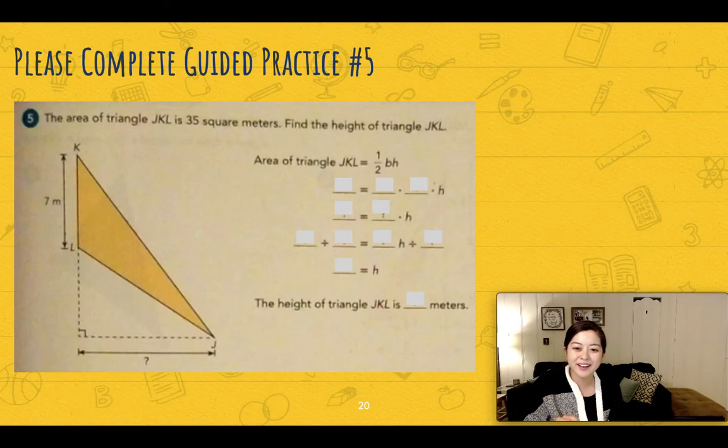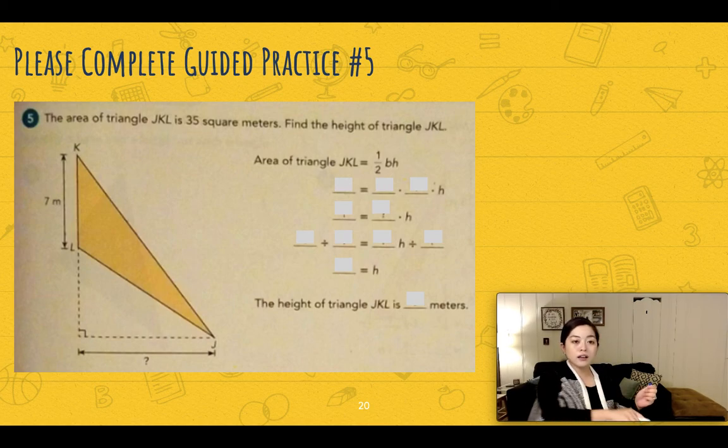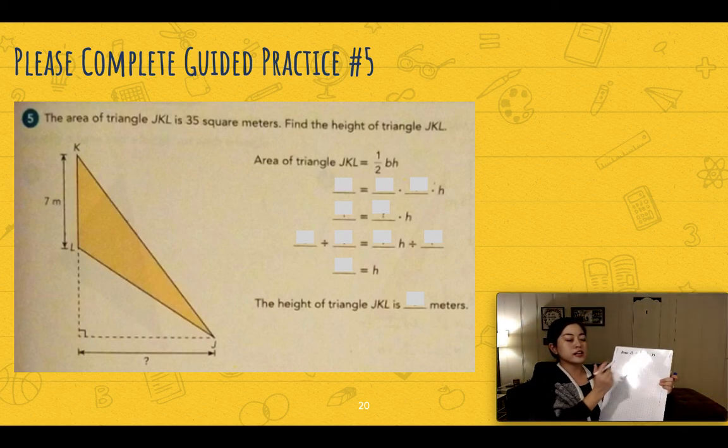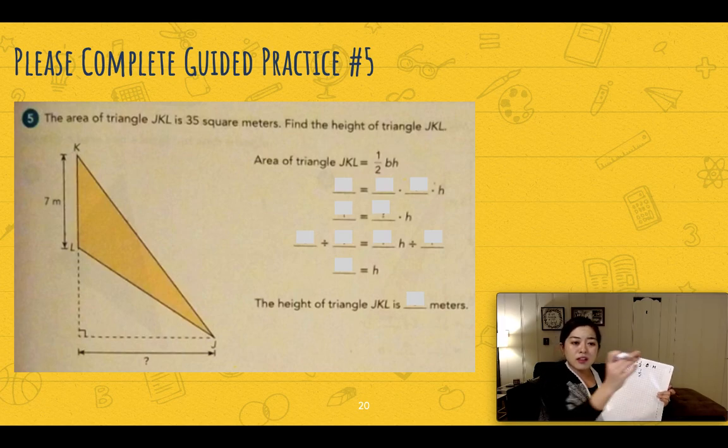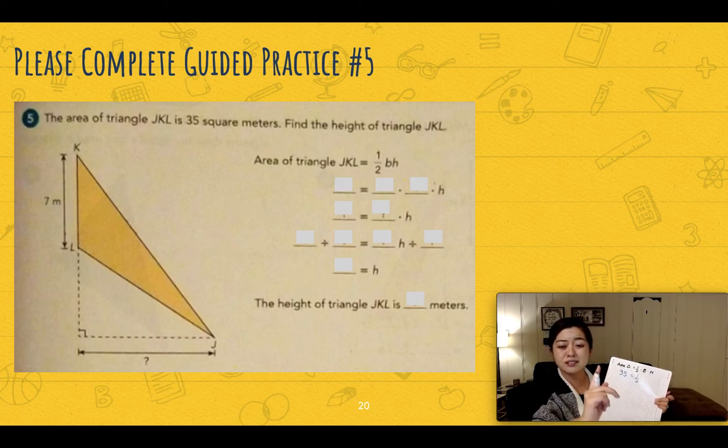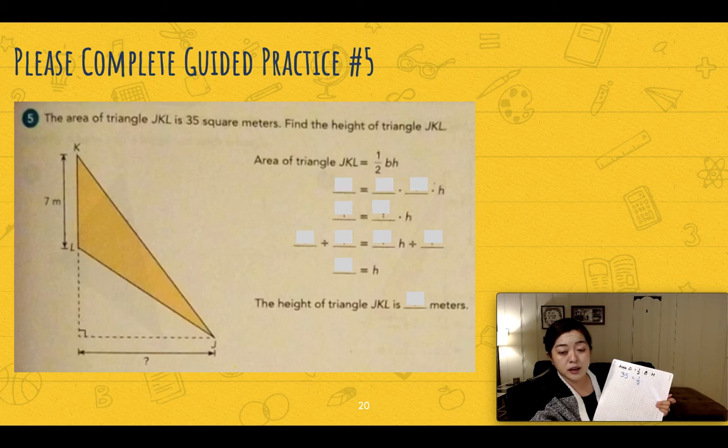All right, welcome back. So here we have triangle JKL, and the area of triangle JKL is 35 square meters. Then we are given the base, and I know it's the base because remember, the base is one side of the triangle. The information they wrote for us, 7 meters, corresponds to only one side of triangle JKL.